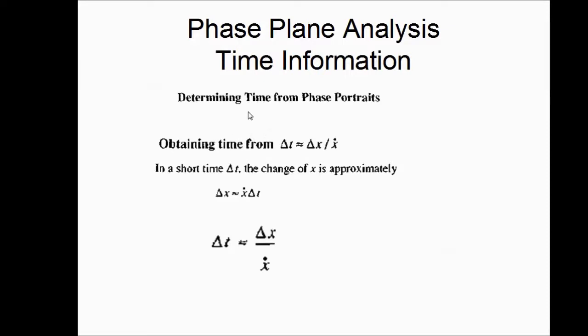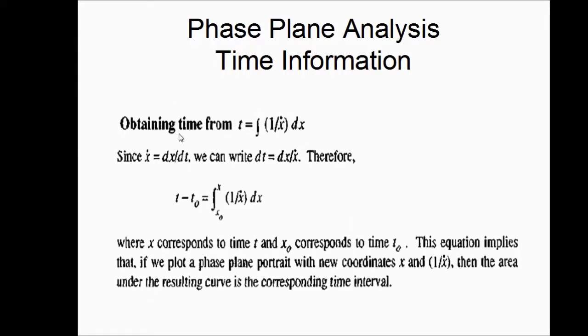It is possible to determine the time information from the phase portrait by using this equation. The time may be obtained from this: small delta t is approximately delta x by x dot. Upon integrating this, passing into differentials, assuming suitable conditions, the time may be obtained by doing this integration.